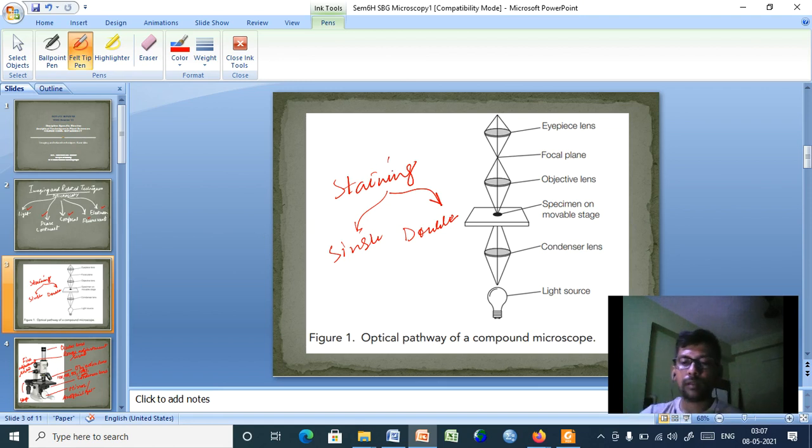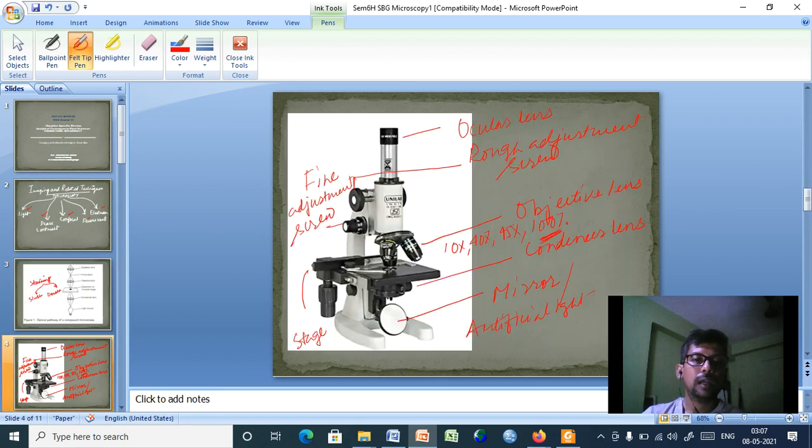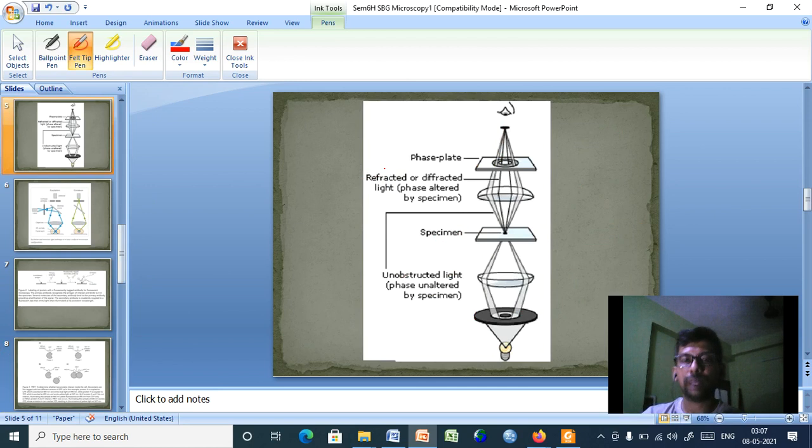Now, please follow other types of microscope, like phase contrast microscope, confocal microscope, etc. This is a typical phase contrast microscopy.